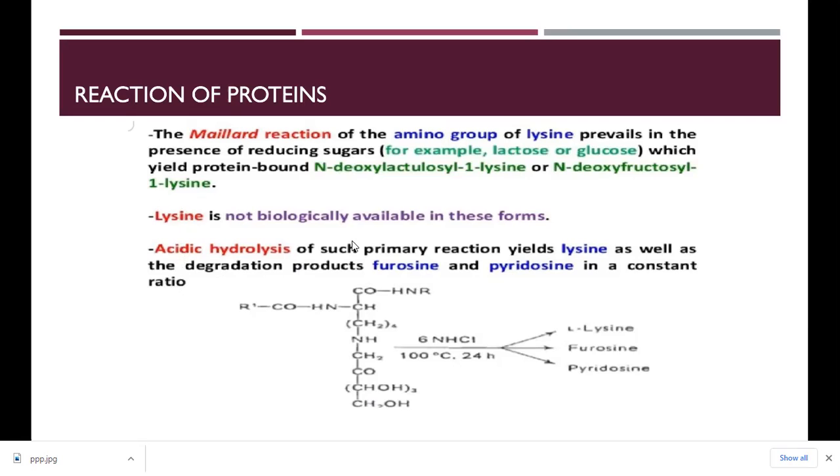Acidic hydrolysis of such primary reaction products yields lysine. Here we can see acidic hydrolysis in the presence of NaCl at 100 degrees Celsius for 24 hours. It yields lysine, furosine, and pyridosine, as well as the degradation products of furosine and pyridosine, in a constant ratio.